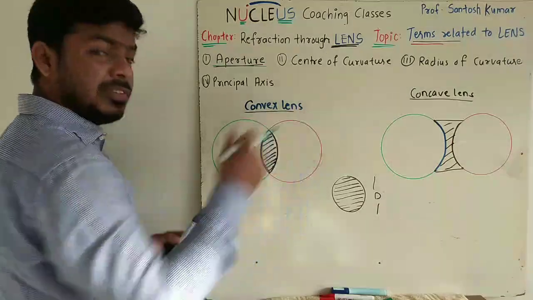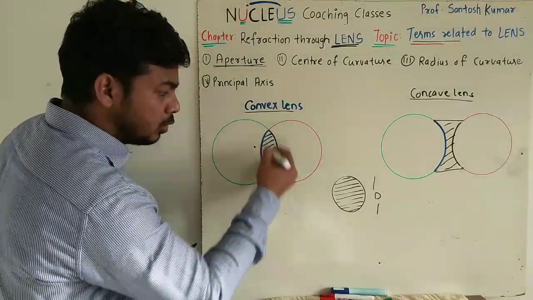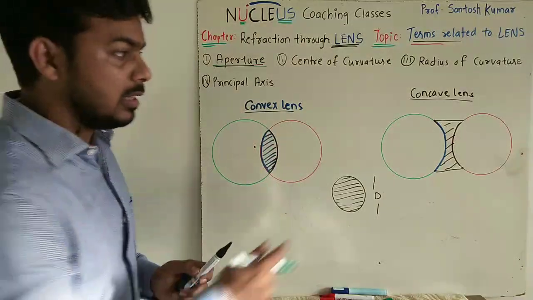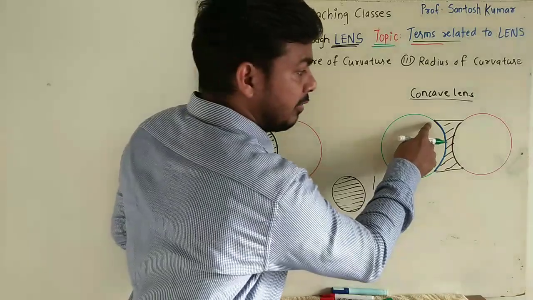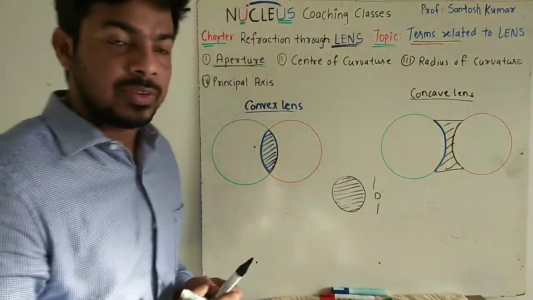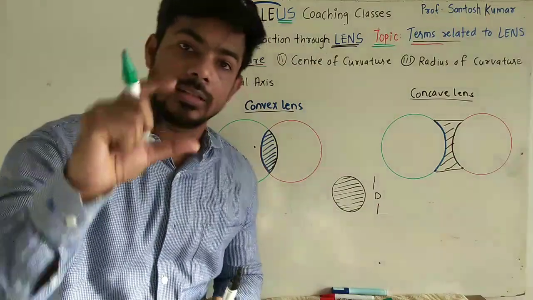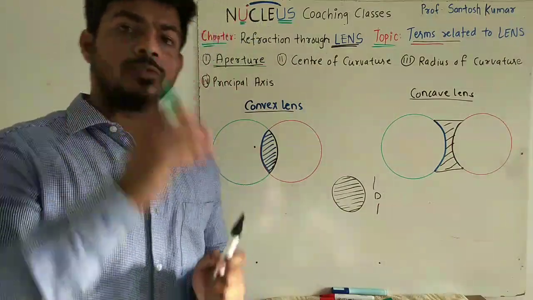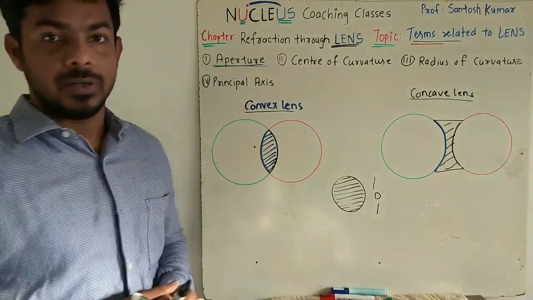You can say the diameter is very big, but the light will refract only through the blue and the black surface, not through the entire green. So the blue and the black surface have the effective width, and the effective width of the lens through which refraction of light takes place is called aperture.